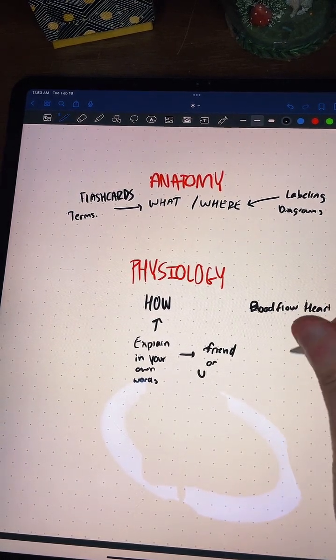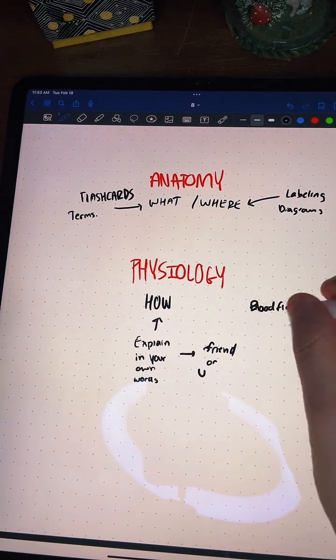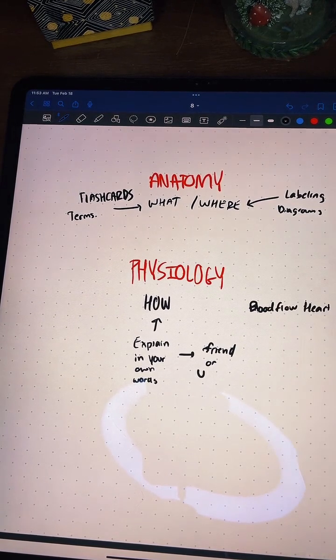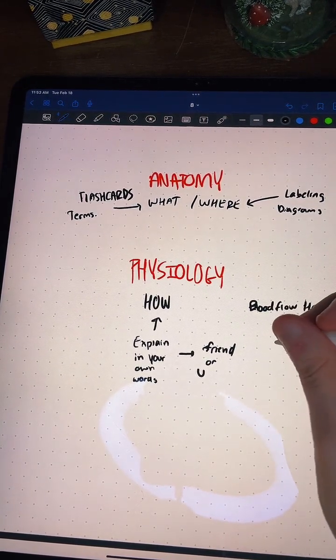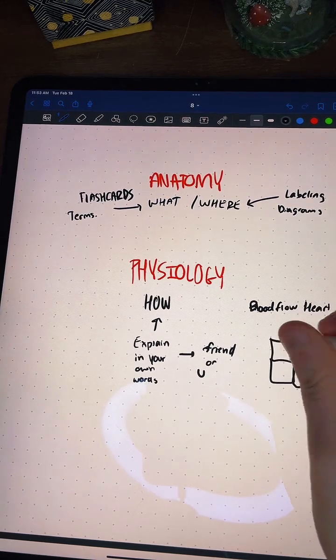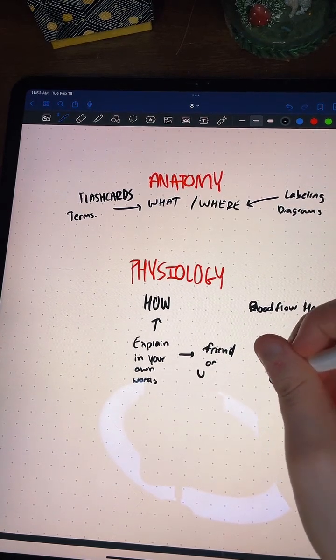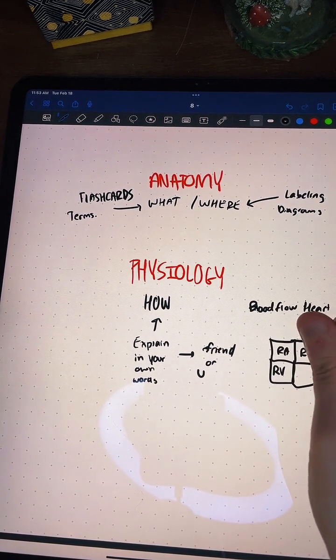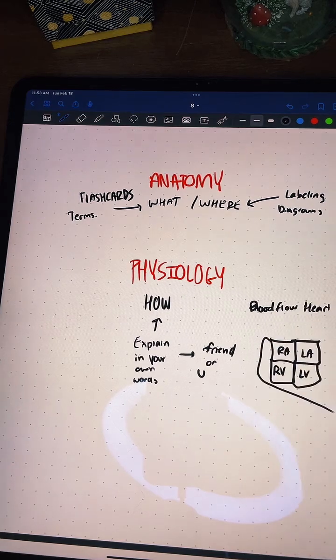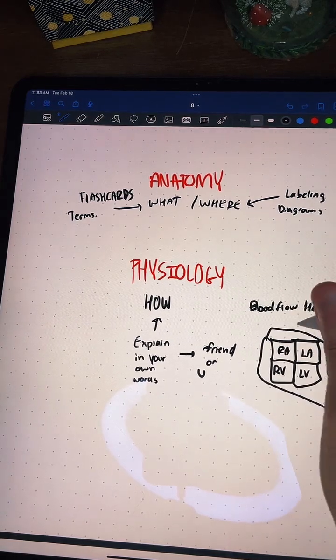you have your flow chart. You go through your info, like it goes from the right atria to the right ventricle. But essentially, if you want to explain it out loud to yourself or to somebody else, you would do something like this: right atria, right ventricle, left atria, left ventricle, and then draw the heart. Crappy heart, I know.